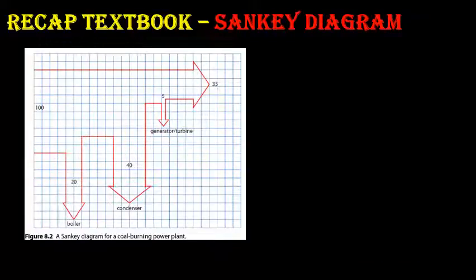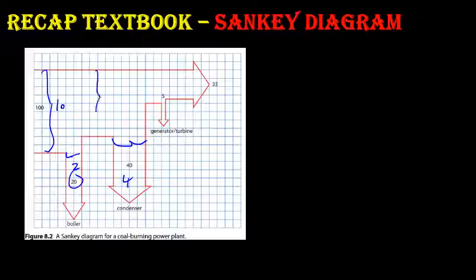Sankey diagram. Pretty sure you have seen it in IGCSE, but the one that you have seen before is not plotted to scale. What you can see here is that the grid represents the amount of energy. So say here you got 10 grids, and here you got 2, so that's why it's 20. Here you got 4, so that's why it's 40.